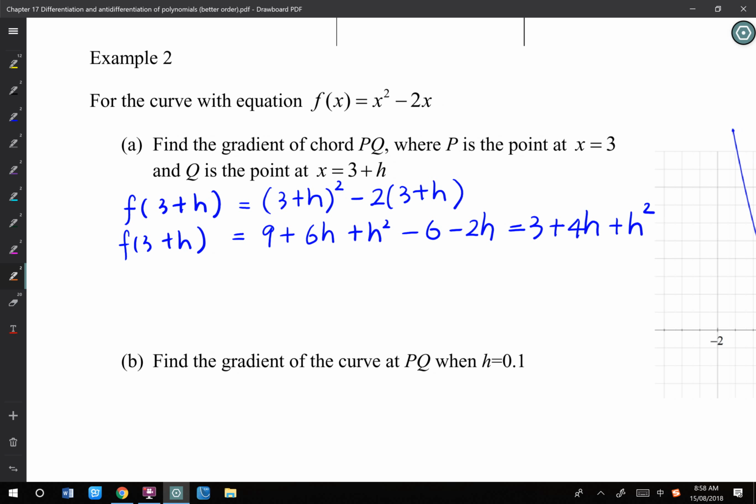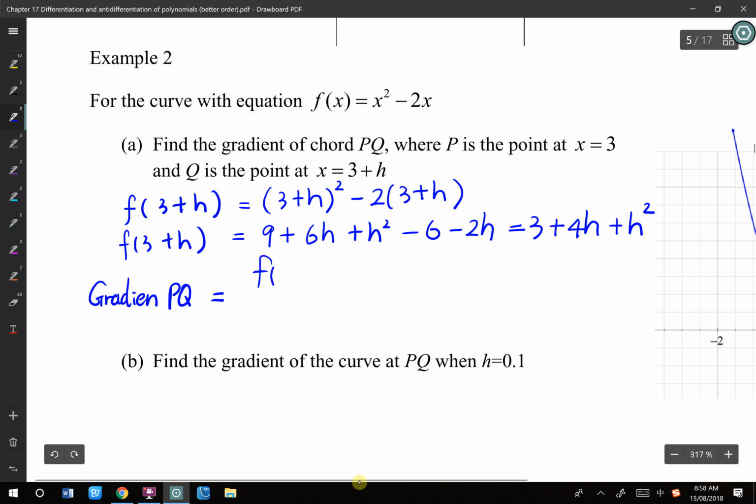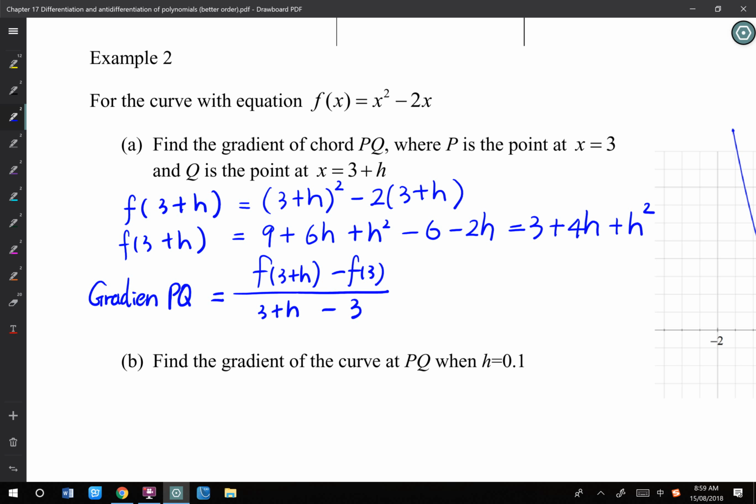So the gradient of PQ equals to, well, it should be f(3 plus h) minus f(3), right? The two y values subtract, and 3 plus h minus 3 is the two x values subtract. So that's how you find the gradient, the average rate of change.